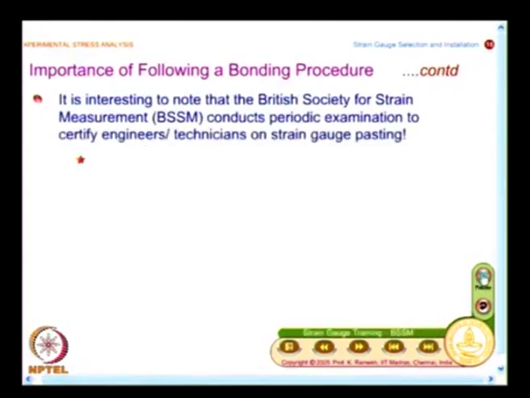It is very important to note that the British Society for Strain Measurement conducts periodic examinations to certify engineers or technicians on strain gauge pasting. Unless the process is very important, you would not find a professional society conducting examinations of this nature.